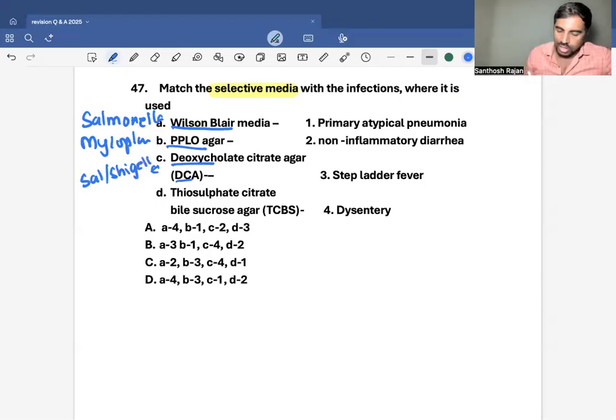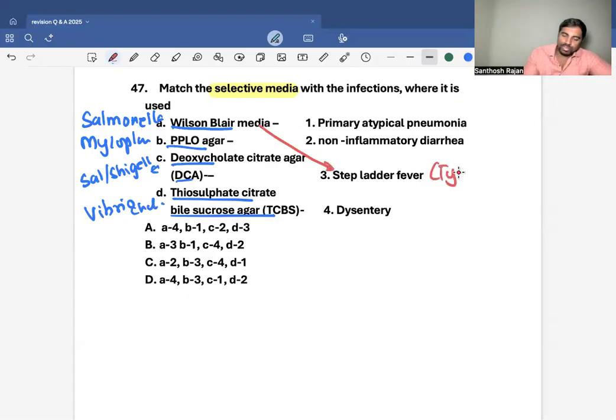Now thiosulfate, TCS girl, who is a TCS girl? Viba, so Vibrio cholerae. Now, what infection does Salmonella cause? Stepladder fever, because it's typhoid fever. Typhoid fever is basically stepladder fever. That is also fine. Totally fine. Now, next.